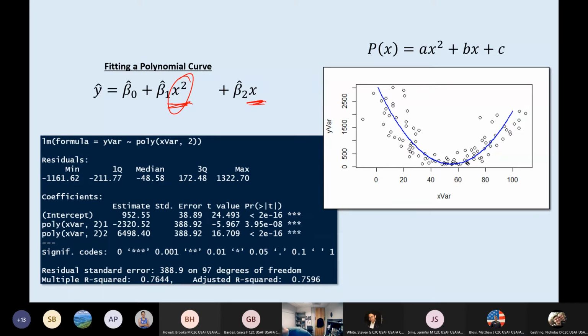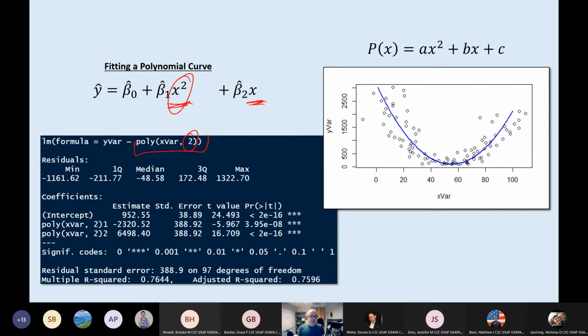And the nice thing is we can call that in R using this poly function. Whatever number I put here is how many terms. If I put in 4 there, then it's going to try to regress it based on x, x squared, x cubed, and x to the 4th. And I can do that however many times I want, right?